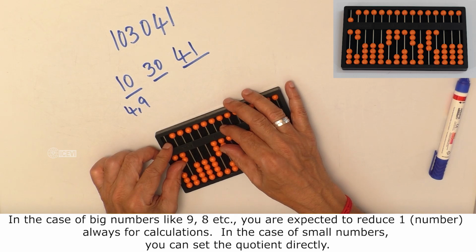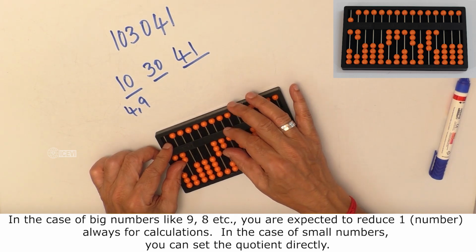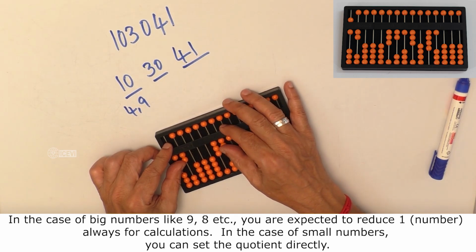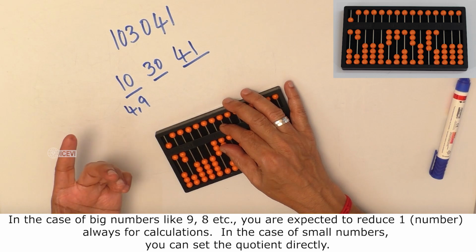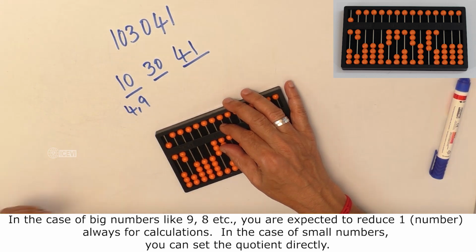In the case of big numbers like 9, 8, etc., when you get that in the division process, you are expected to reduce 1 always and consider that as the assumed quotient. In the case of small numbers, you can set the quotient directly.